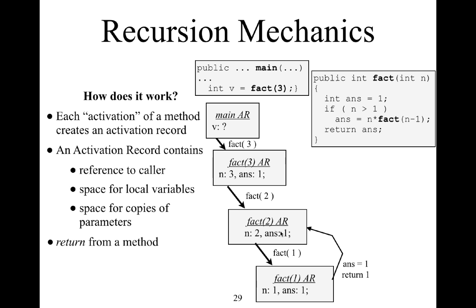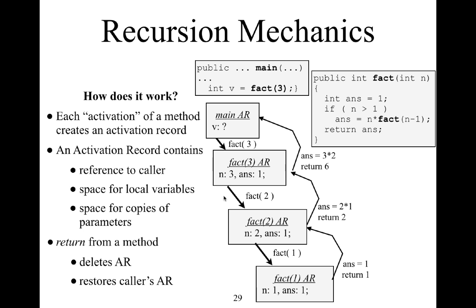Then this return can occur correctly. On the return, the activation record is deleted, and the caller's activation record is restored as the current one. Then when that return takes place, this is deleted and this becomes the current one. When this return occurs, this is deleted, and this becomes the current one.